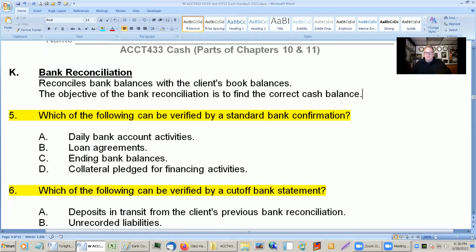So we've got to find the correct cash balance based on our bank reconciliation. So that really is the goal, to make sure that the cash shown on the books is the same thing that they actually have available to them.